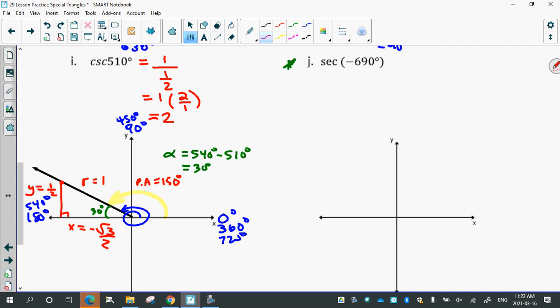So try 1 over sine of 150. Do you see that it still gives you the exact same answer? So coterminal angles have the exact same 6 trig ratios.